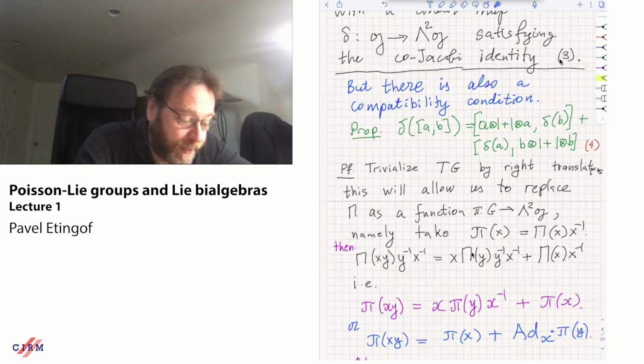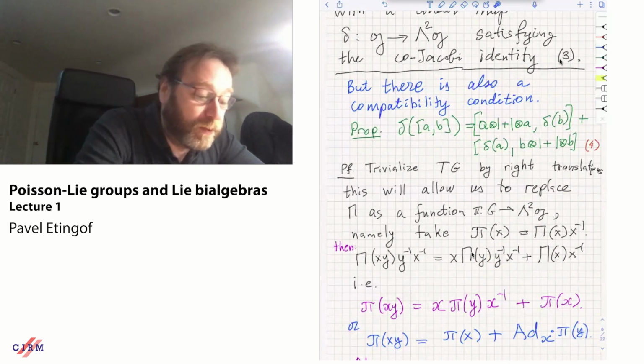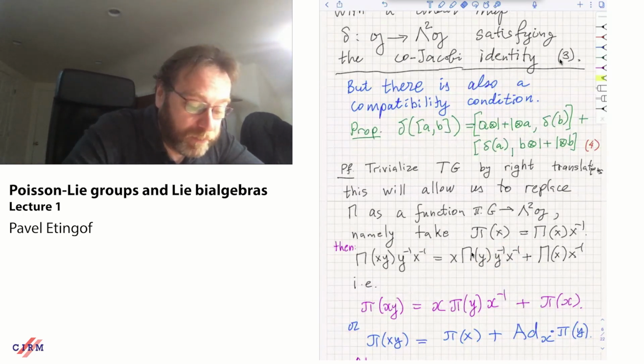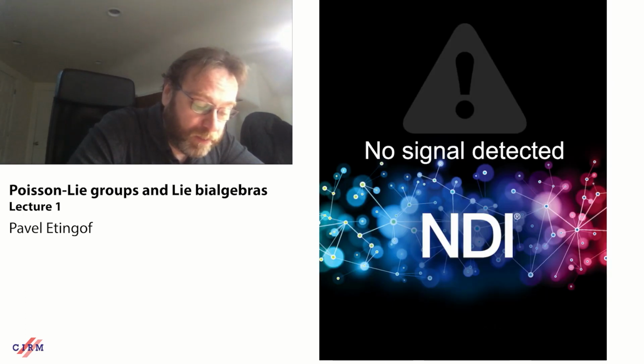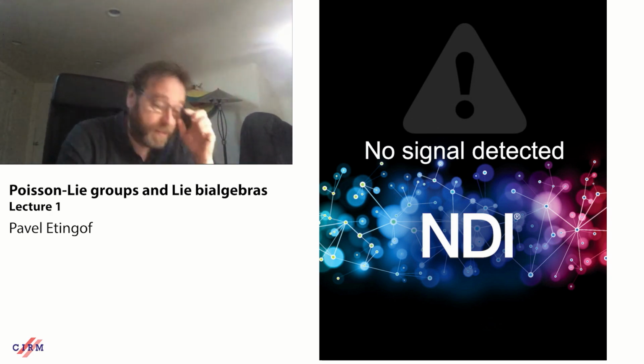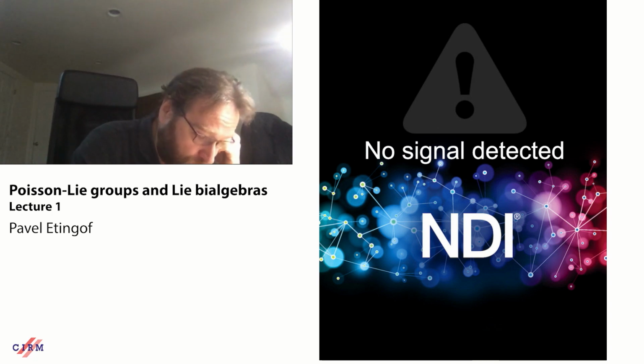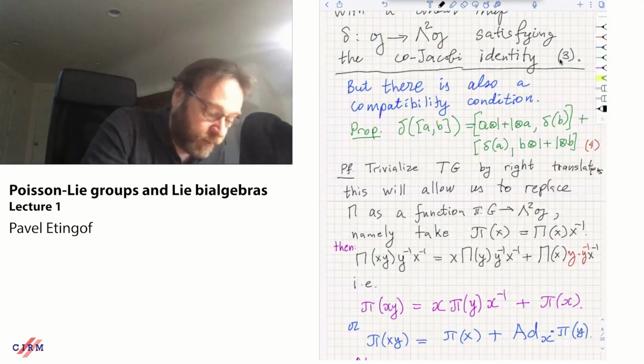So we multiply that by y inverse times x inverse. And here there was a y, so if you like, you can add that here, y inverse x inverse, and so this y cancels.